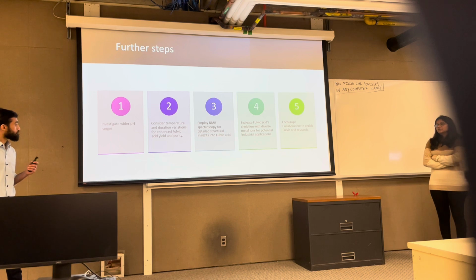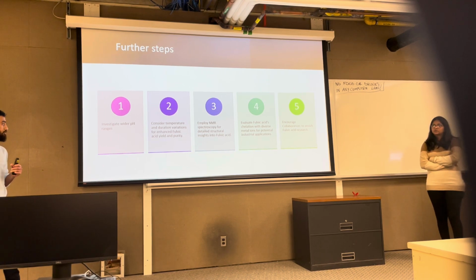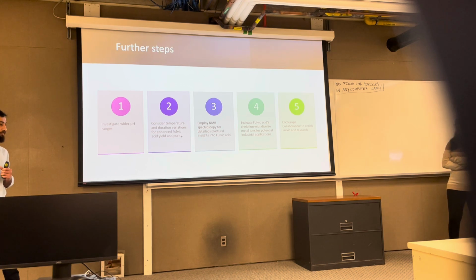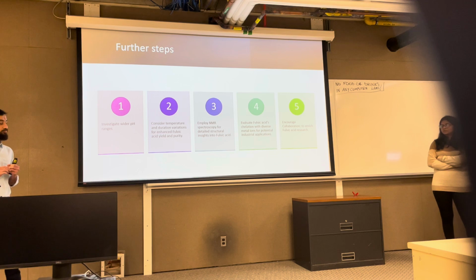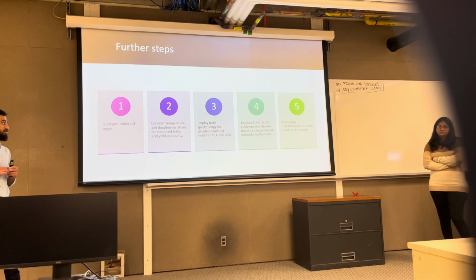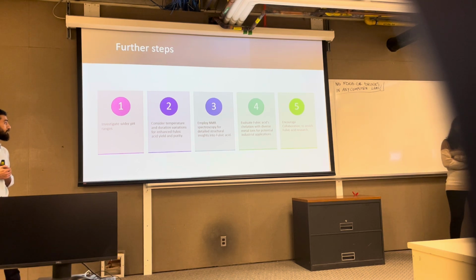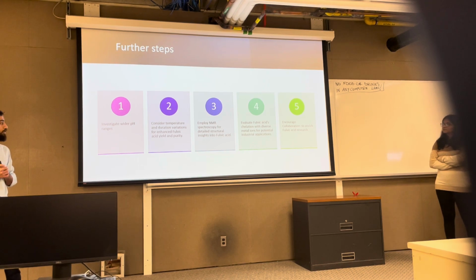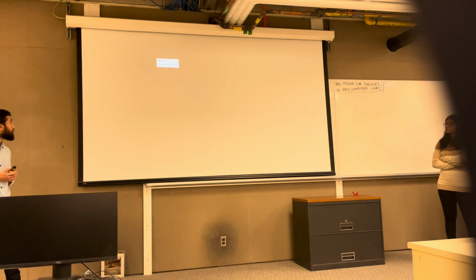Third is to employ NMR spectroscopy for detailed structure insight into fulvic acid. Evaluate fulvic acids with diverse metal ions for potential industrial application. Encourage collaboration to enrich fulvic acid research. So thank you.